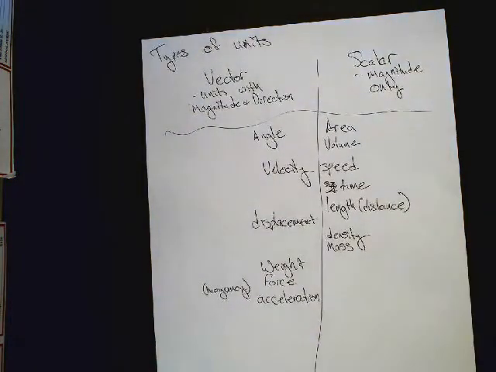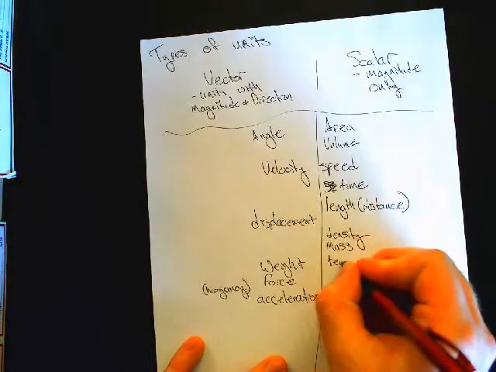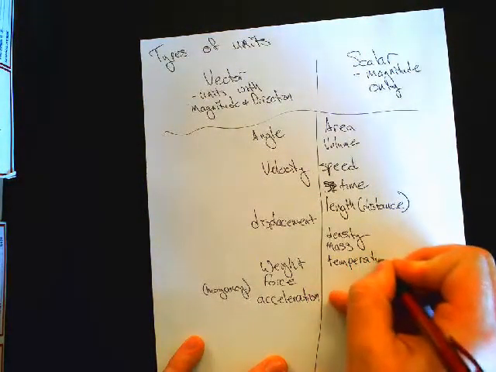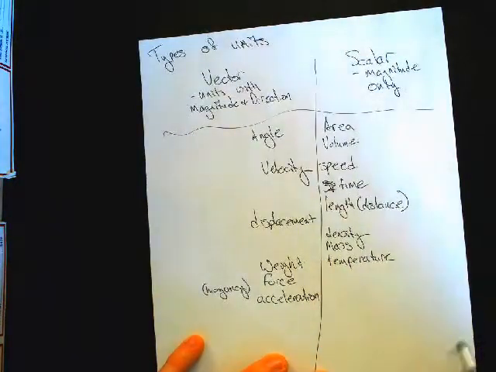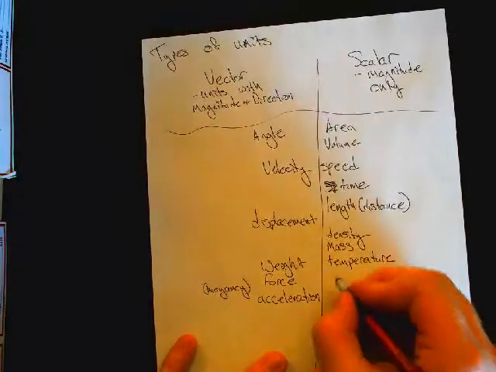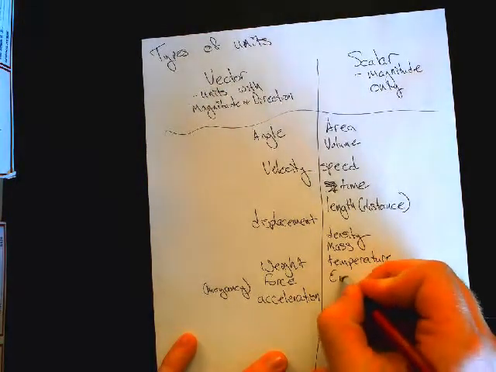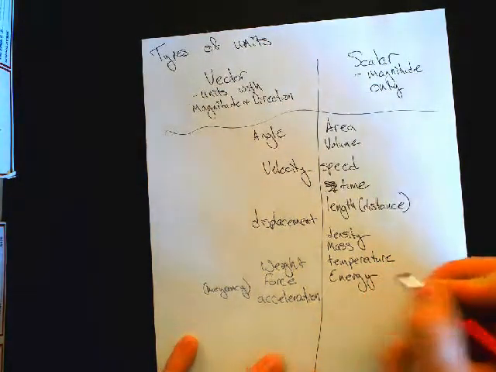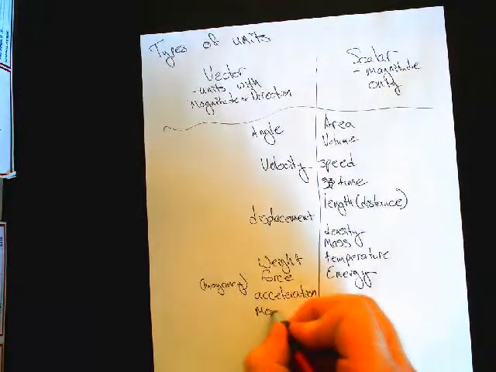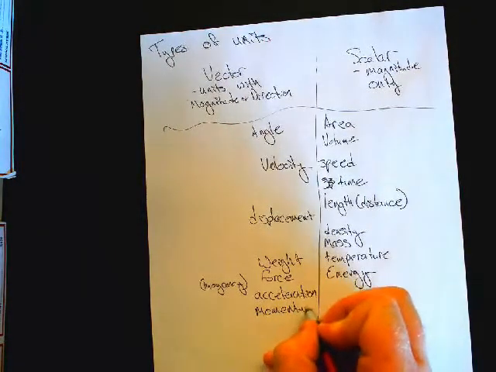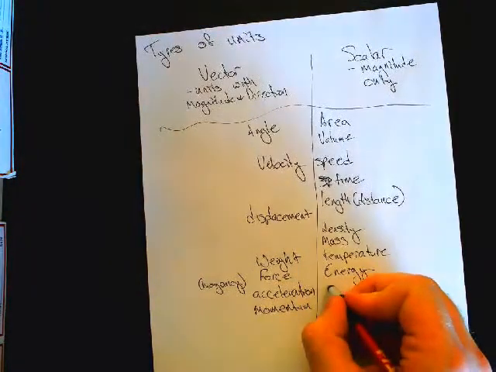What else do we have? I can think of at least one that should be pretty obvious that most people measure daily. Temperature. Measuring energy typically can be temperature, but I will definitely put amounts of energy here. On this side, I'm going to put momentum. On this side, I'm going to put charge.